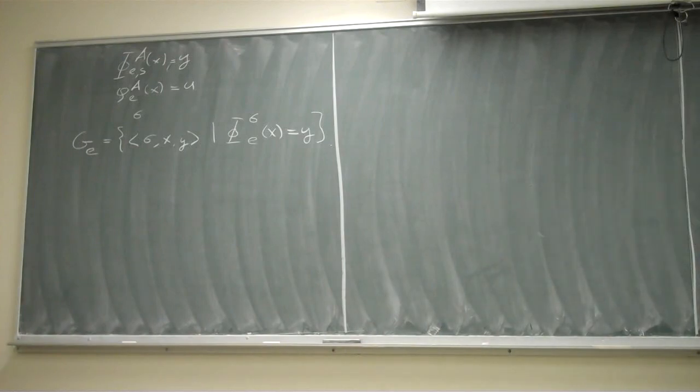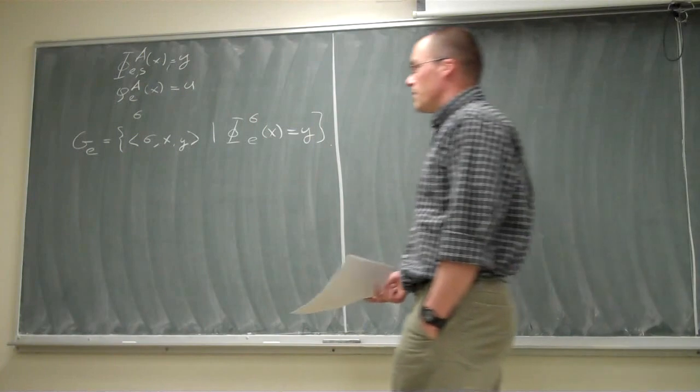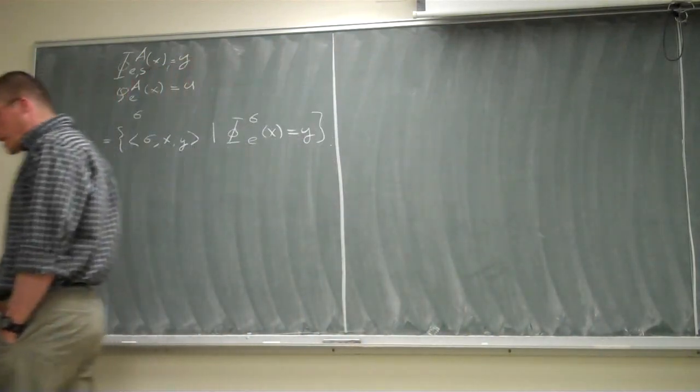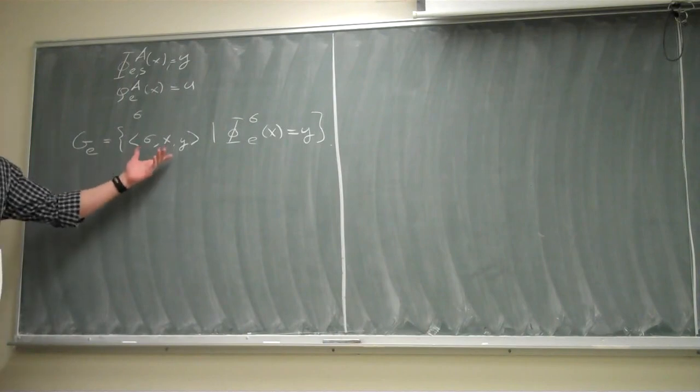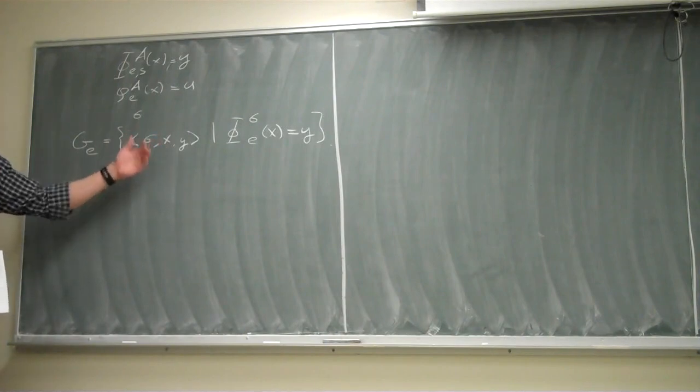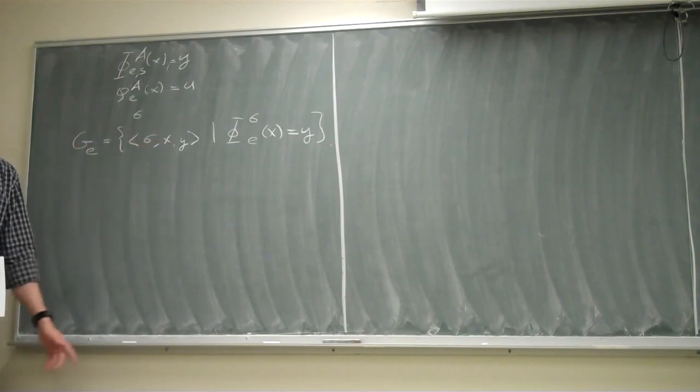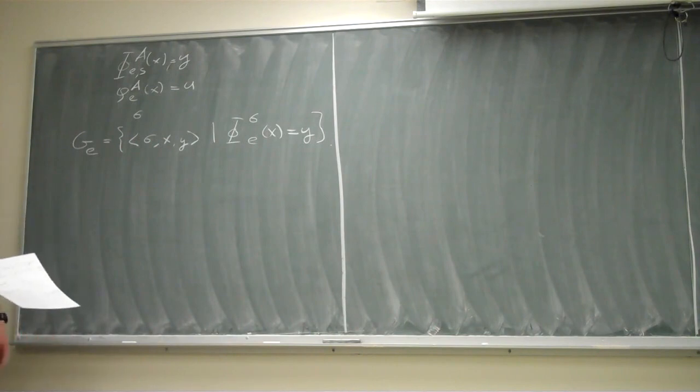And one of the first things you notice is that this is a subset of a countable set. Therefore, it can be looked at as a subset of natural numbers with some coding. What kind of set of natural numbers?